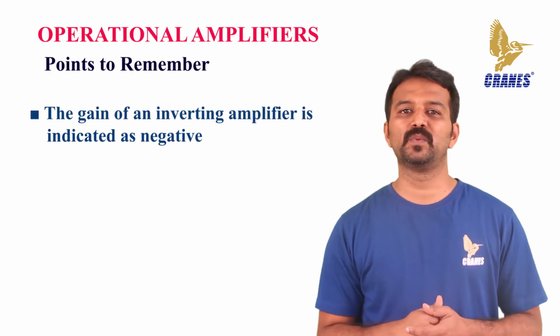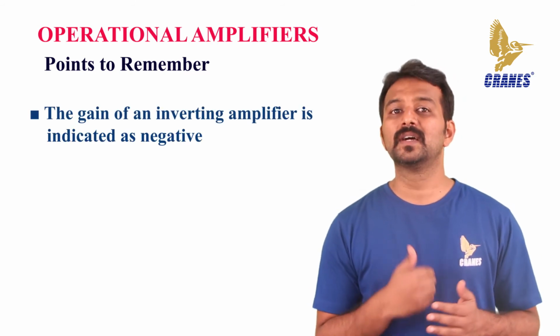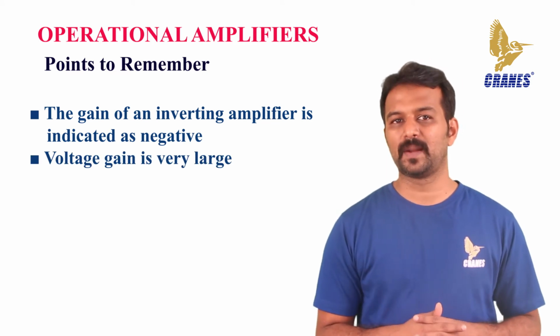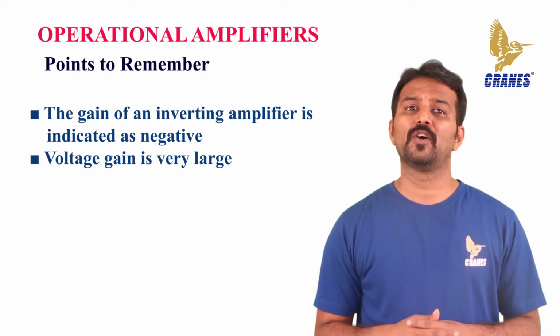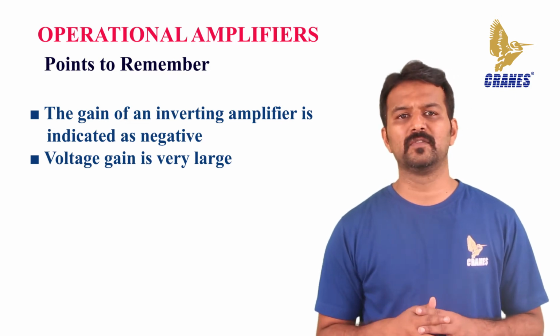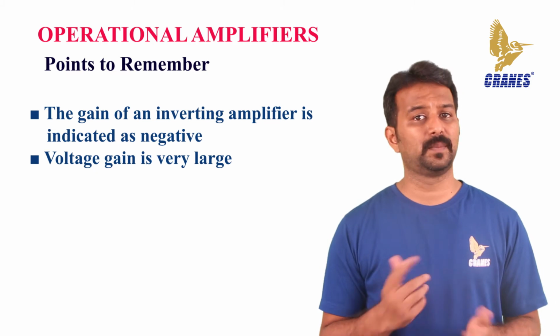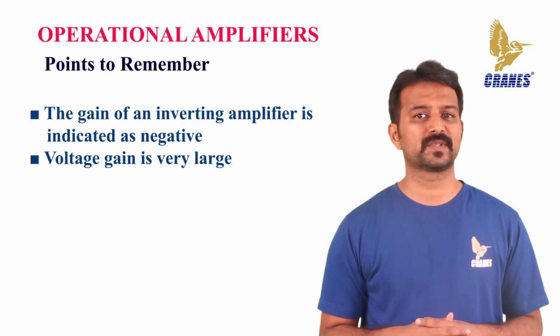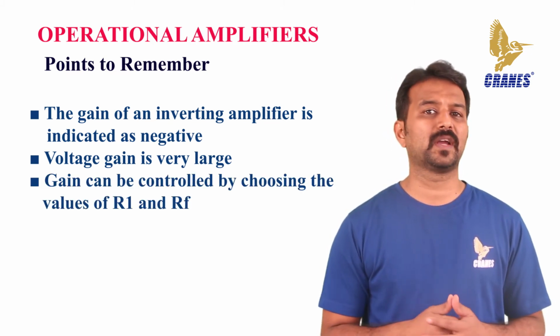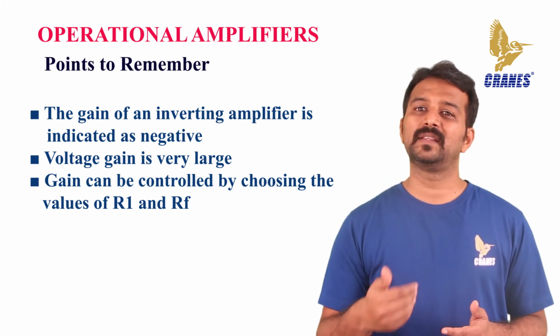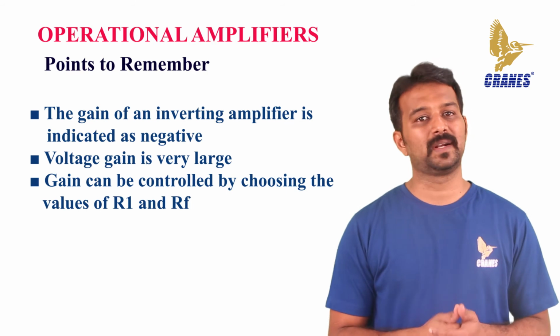The gain of an inverting amplifier is thus indicated as negative. The voltage gain of an inverting amplifier is independent of the op-amp open loop gain, which is very large. The voltage gain depends upon the resistor values used, and hence the gain can be accurately controlled by choosing the values of R1 and the feedback resistance RF appropriately.